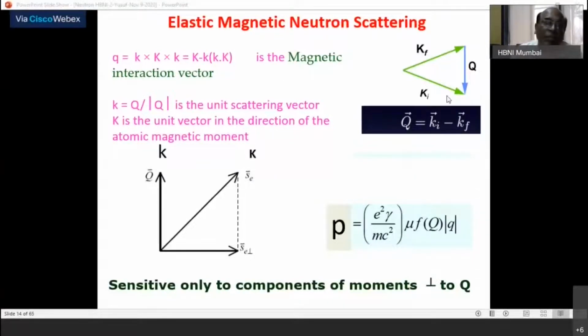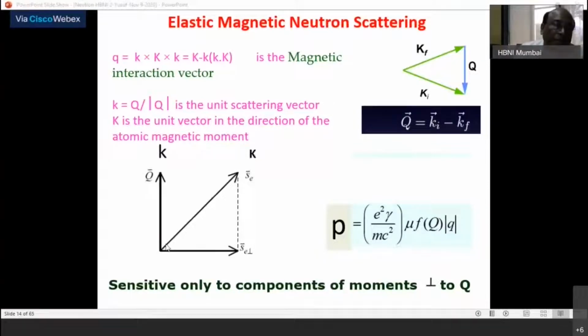Okay, it sees the moment which is perpendicular to the scattering vector q. This is my scattering vector. I have the atomic moment or ionic moment sitting in an atom or ion in your sample. Let us say you have Fe3O4 or LaMnO3 or any kind of sample.